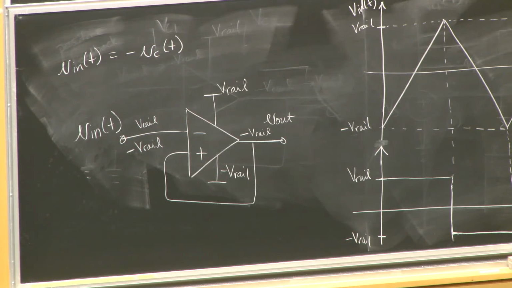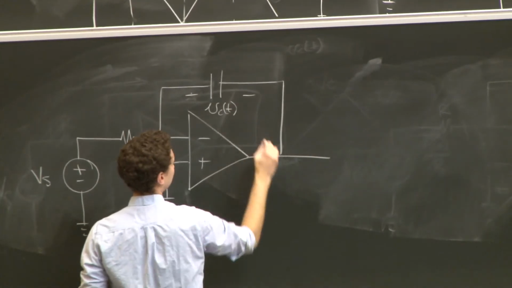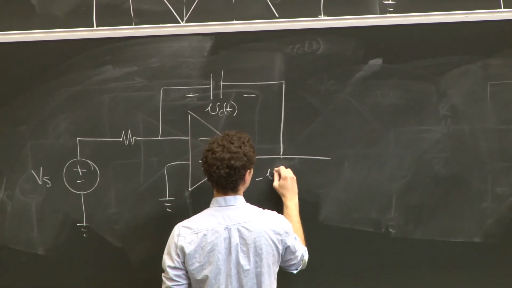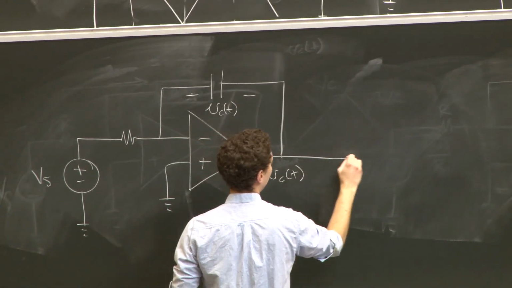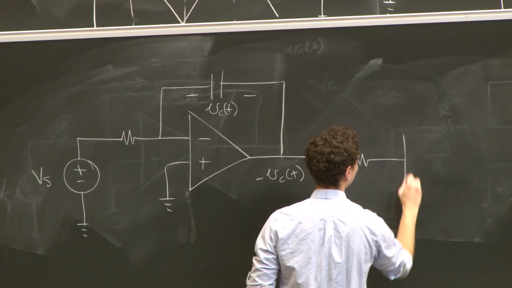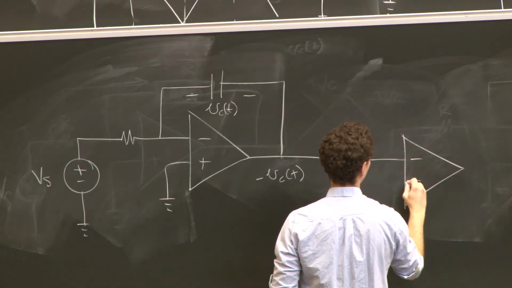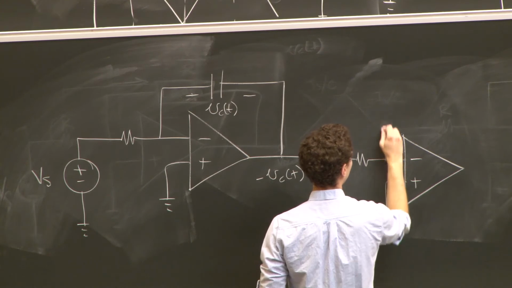So we have our switching voltage here, our constant current through our capacitor, and here we have Vc of t. Here we have minus Vc of t. And then we're going to put this through an inverting amplifier.